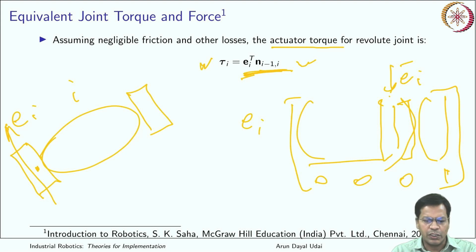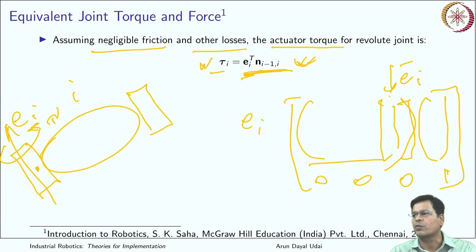It is nothing but a scalar value along the axis direction. So this gives you the torque value that will go onto the actuator. Assuming negligible friction and other losses, this should be exactly equal to the torque that comes onto the actuator. This is how it helps in selecting any actuator.